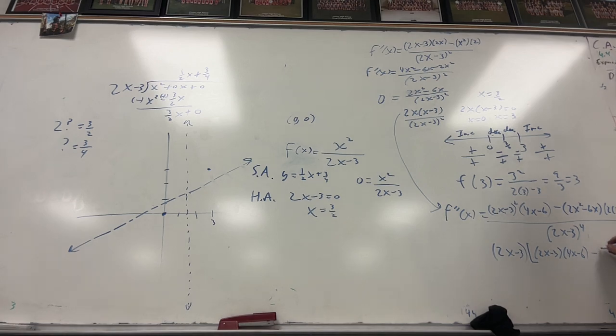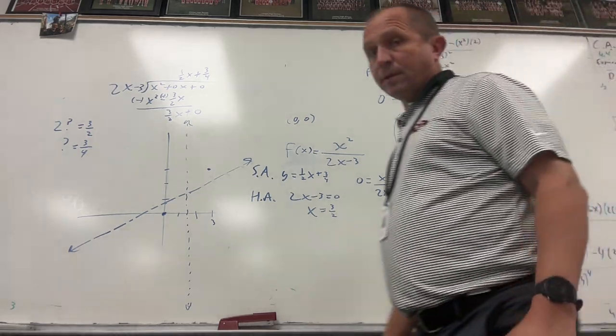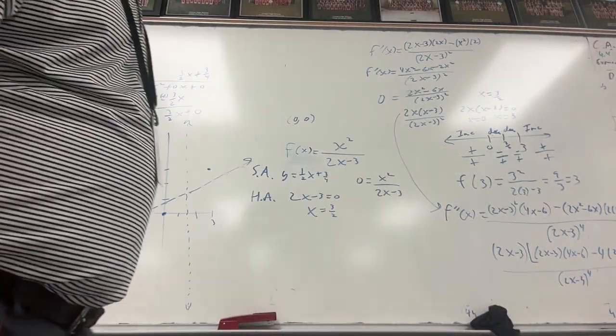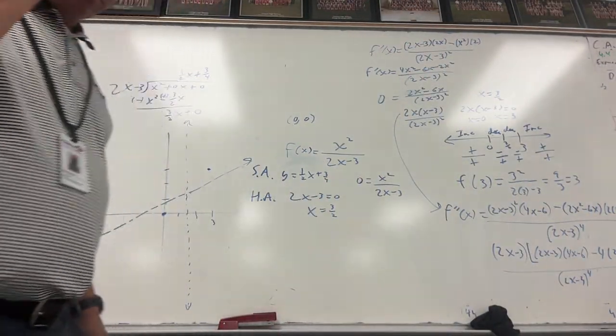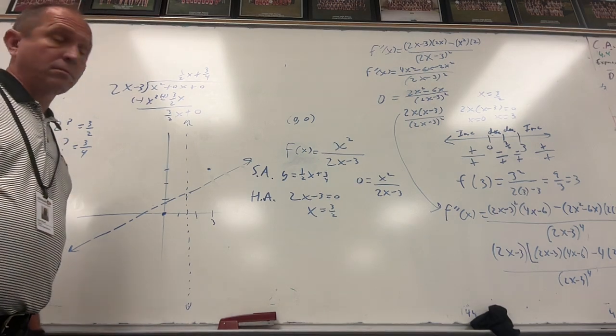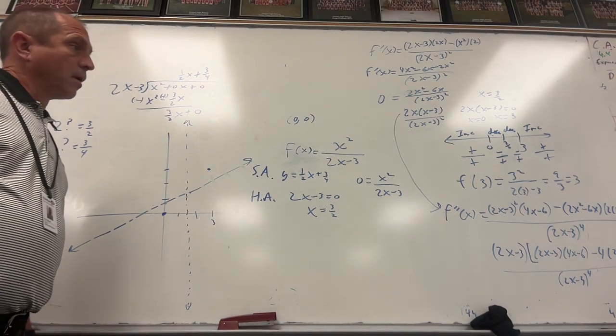So it's 4 times 2x squared minus 6x, over 2x minus 3 to the 4th power.